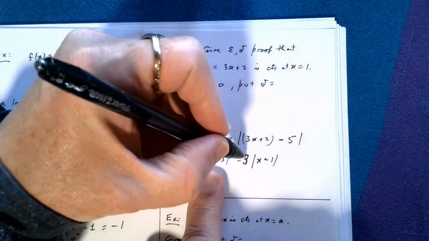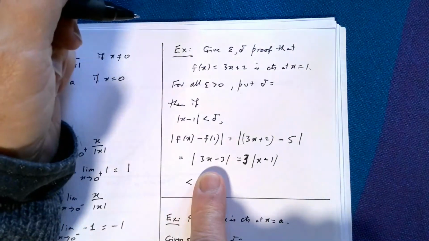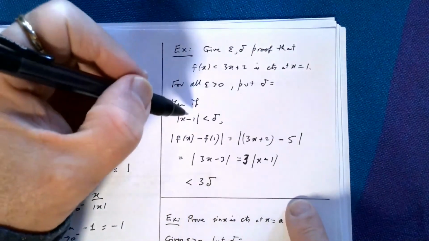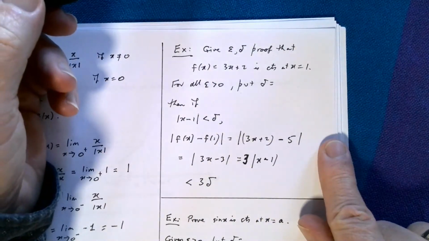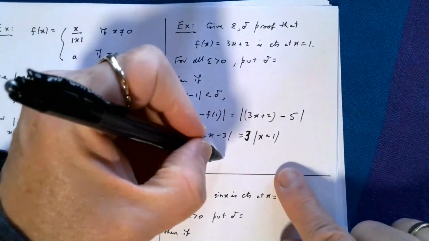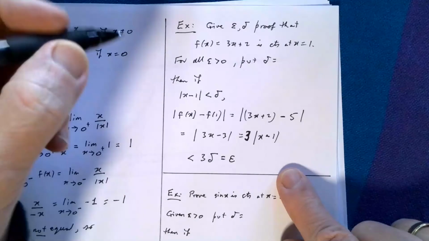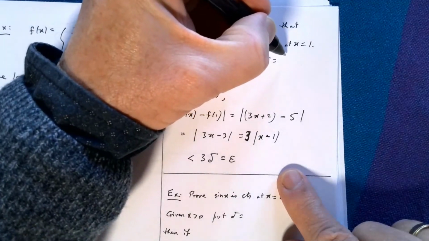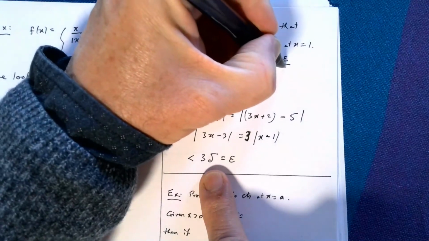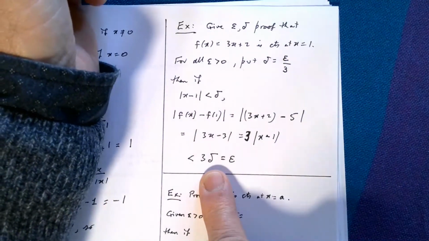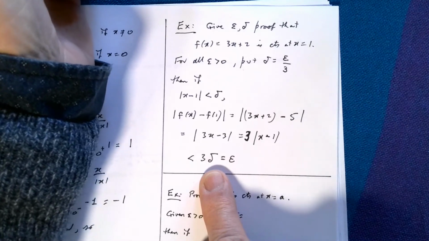We can take the 3 out of the absolute value sign, so I get 3|x minus 1|. And finally I can say that's less than delta, so this is less than 3 delta. How big did I want it? Well, I wanted it less than epsilon, so I'm just going to put this equal to epsilon, and then I go back and fill in the gap here, so I solve this for delta: delta is epsilon over 3. So it's very similar to the examples we've done before, except instead of L we now have f of a.